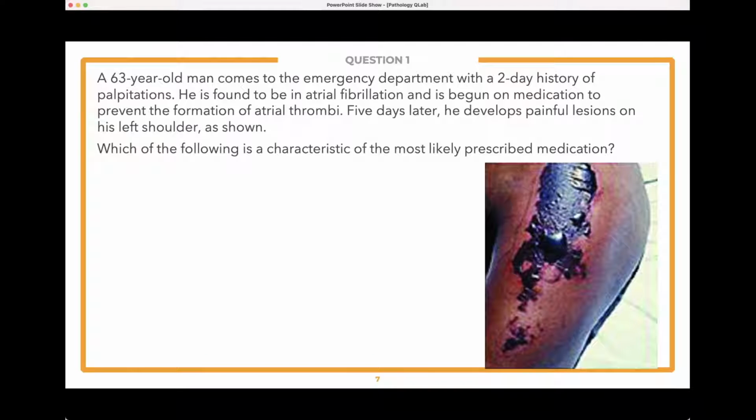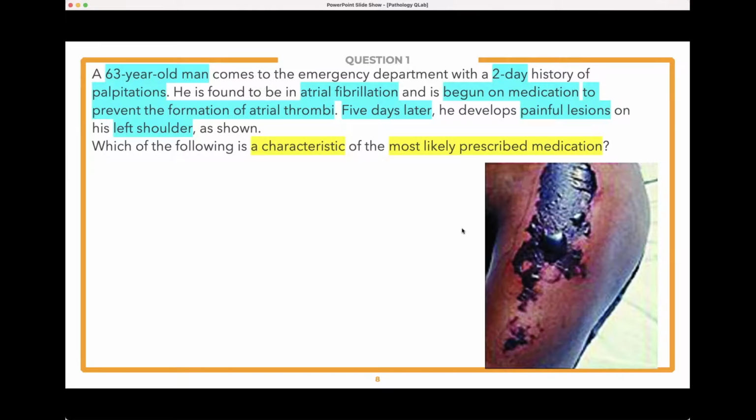Thank you, Jeff. So what we're going to do is go ahead and show you what we think are the important clues in this lead-in and the vignette. First off, we start with the clinical situation. We've got a 63-year-old patient who's coming in because of palpitations.